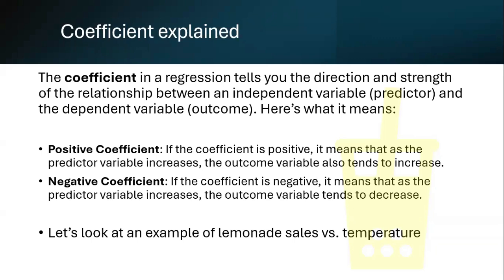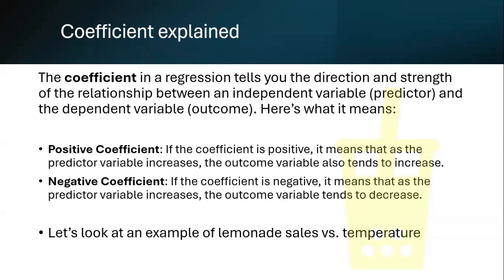So if you have a positive coefficient, it means that as the predictor value increases, the outcome increases. So when the price of the commodity of corn goes up, the price of our Sam Adams stock goes up. Okay, so that's positive. When one goes up, the other goes up.